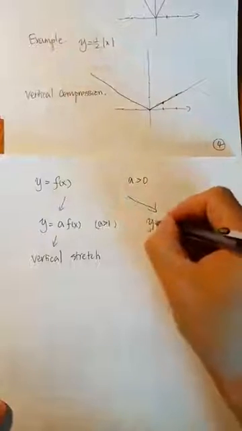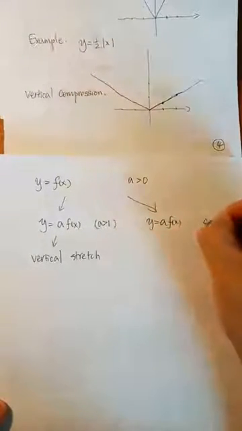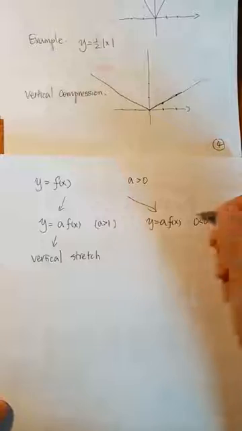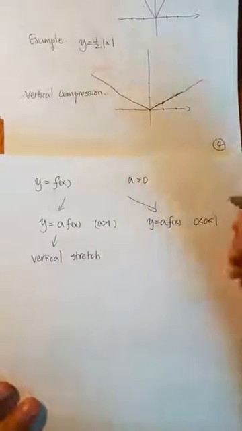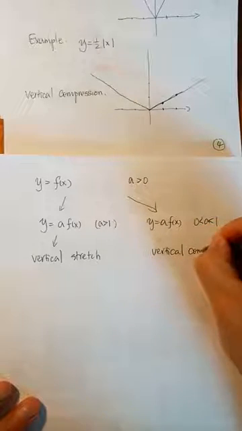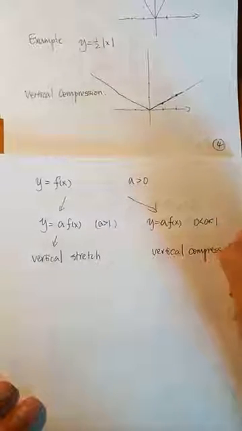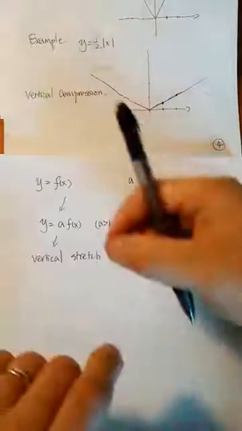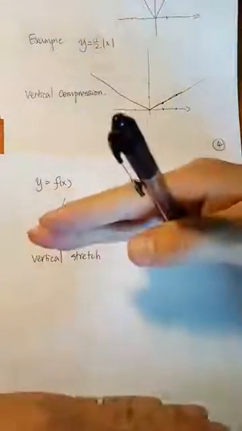Second, y equal to a f(x), where a is between 0 and 1, small, like 1/2, 1/3, 0.1, is a vertical compression. Stretch, you just enlarge it. Compression, just squeeze it.